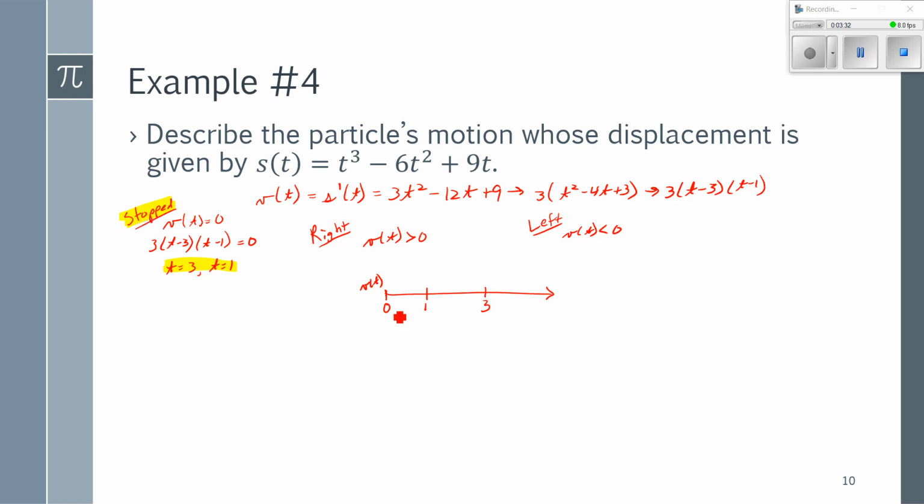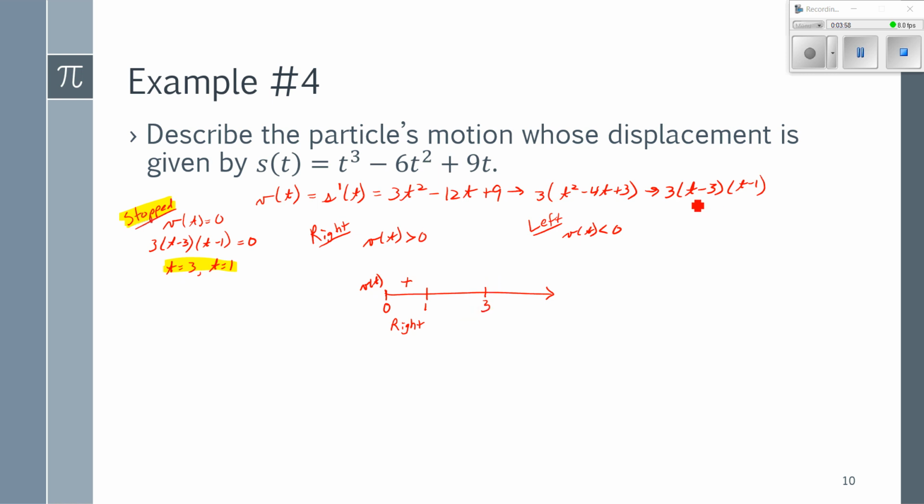So I then pick a number between 0 and 1, like 1/2, and I plug that in for t in my velocity equation. Well, if t is 1/2, I'm going to have positive 3 times a negative number times a negative number, which will be positive. So this means that we're moving right because the velocity is positive there. I don't care what the exact value is. I just care that it's positive. I then pick a number between 1 and 3, say 2.